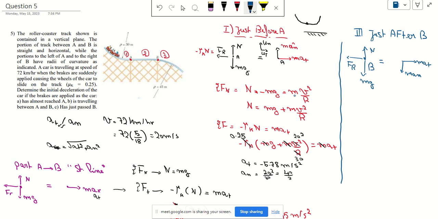And why am I doing that? Because at point A, let's keep it in red as A, the center will be up. So again, the a_n direction is toward the center. In blue, at point B, the center is downward. So I'm putting a_n down instead of up.